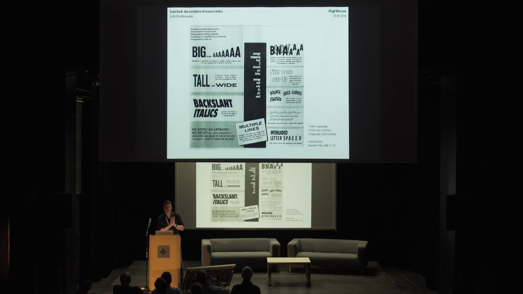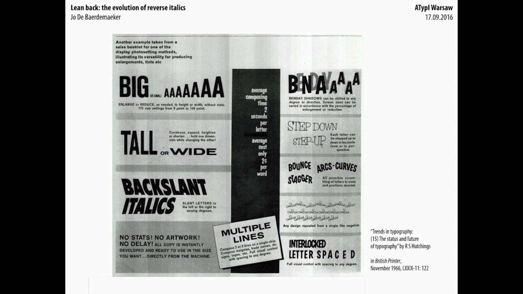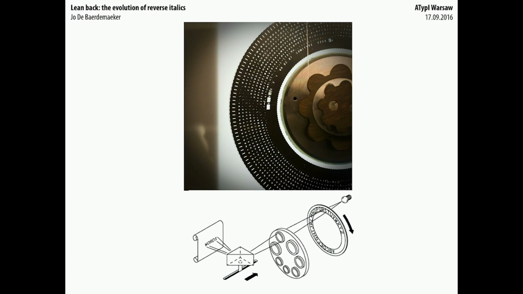Reverse italics, however, were put in a bad light from the 50s onwards, because they had a connotation with a specific style of typesetting. Although Hutchins explains in British Printer that these are one of the novelties of the new typographic evolution, that we can use different lenses and different angles to modify typefaces through those different combinations.